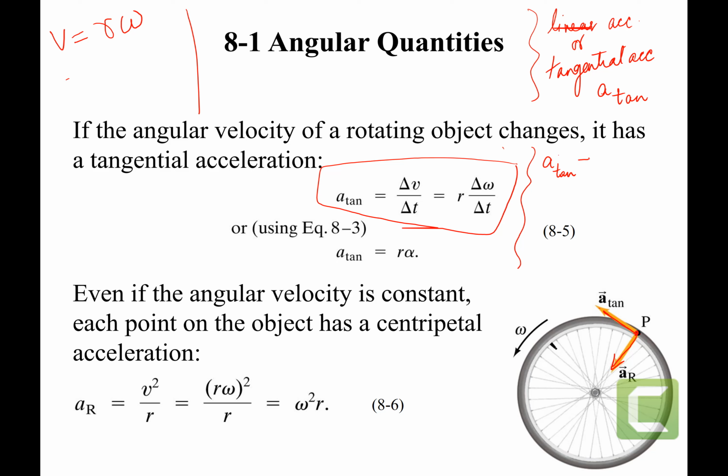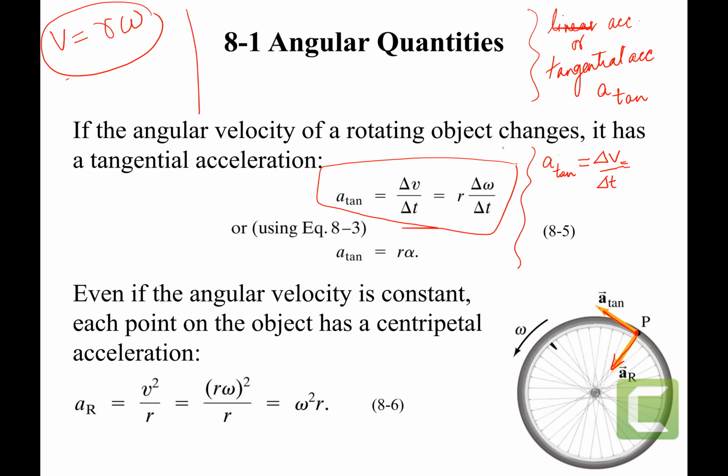So the linear acceleration is given by delta V over delta T. Just now we learned that there's a relationship between V and R and omega. V is R into omega. So instead of writing V, I will write R omega.